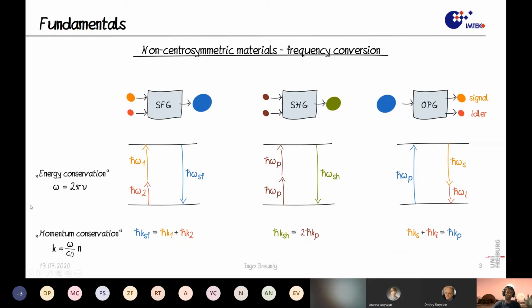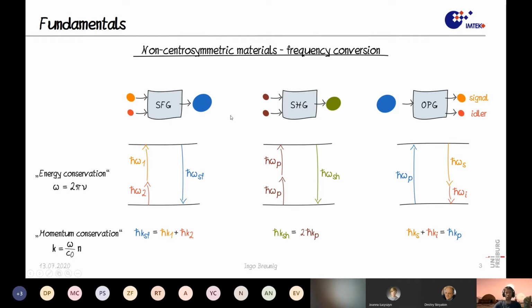So I would not strictly say that it's energy conservation. And if you have something like energy conservation, you have something that you can call momentum conservation. This relates the propagation constants k of the incoming and the outgoing light. And here it's also like that the total momentum of the incoming photons is the momentum that we have on the output side, right?